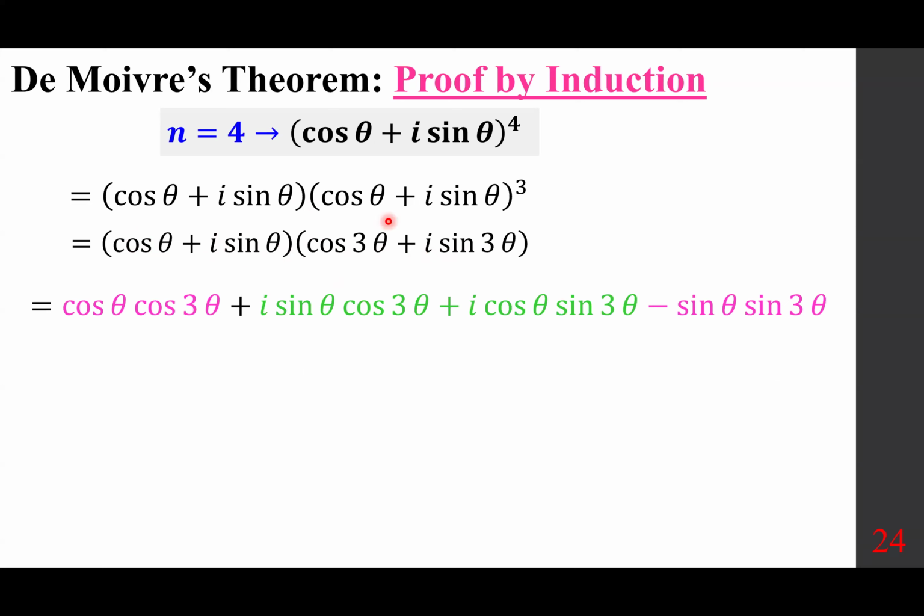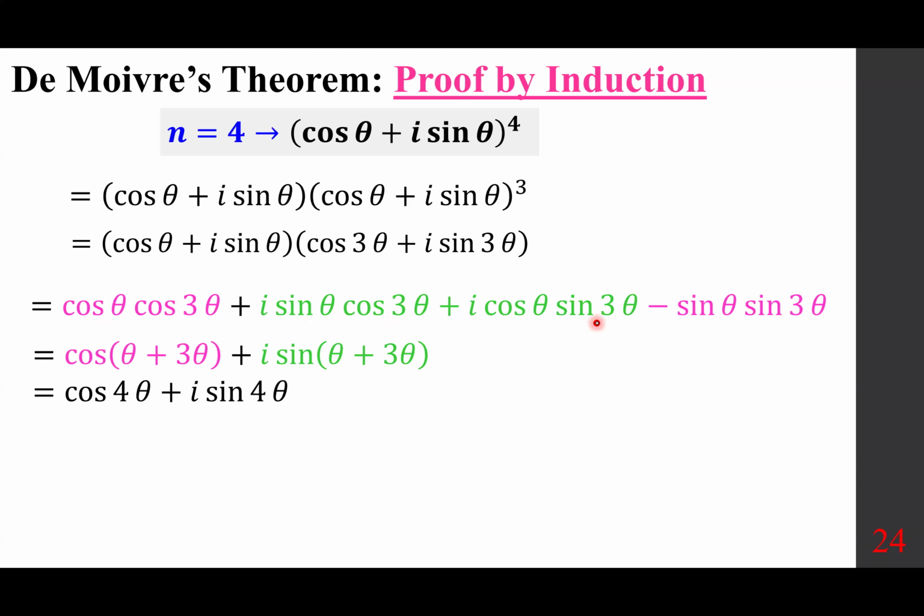If you look at the ones in red, the first and the last, cosine alpha cosine beta minus sine alpha sine beta, again gives cosine of theta plus 3 theta. And for the other, if we factor the i out, sine theta cosine 3 theta plus cosine theta sine 3 theta is sine of alpha plus beta.